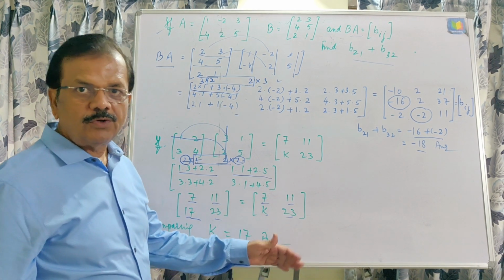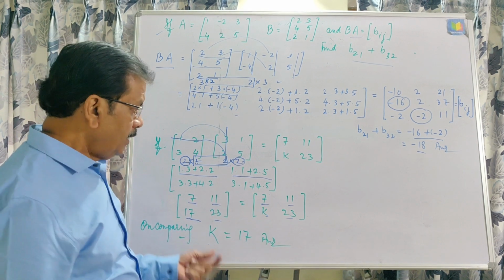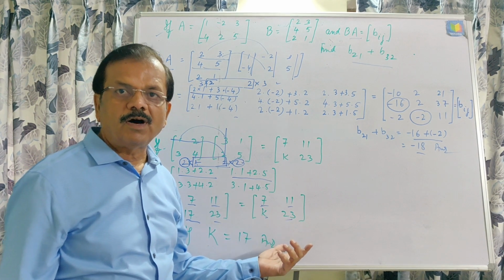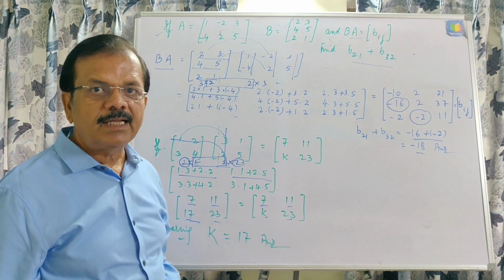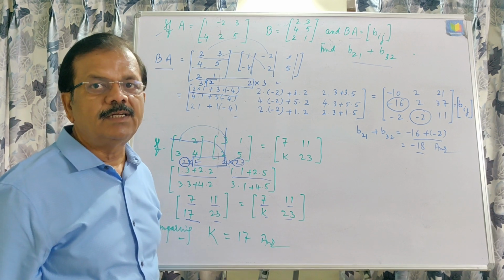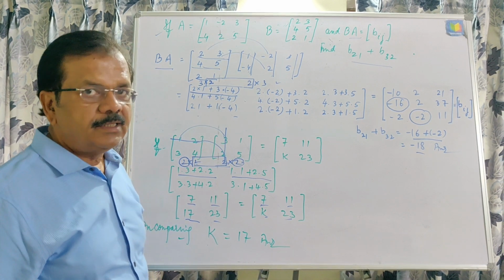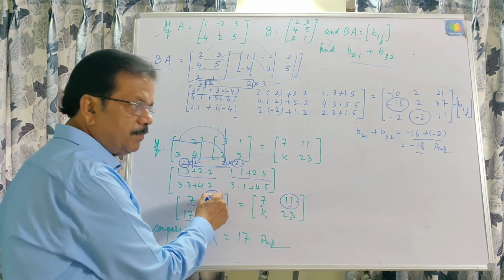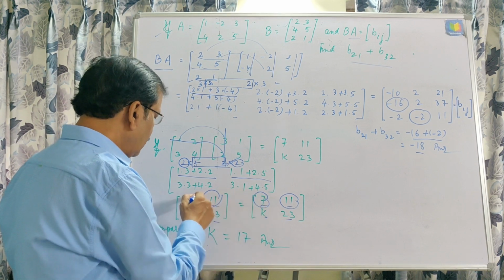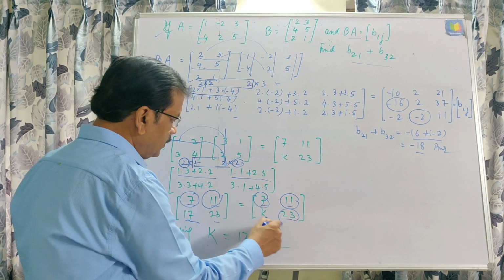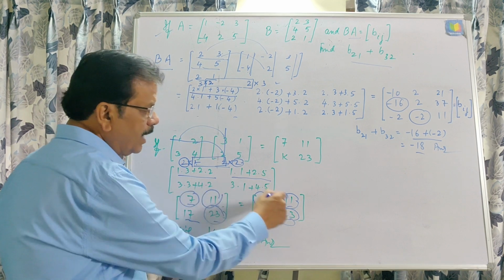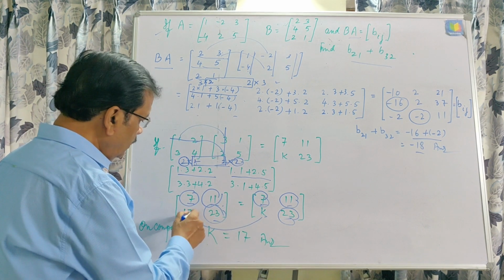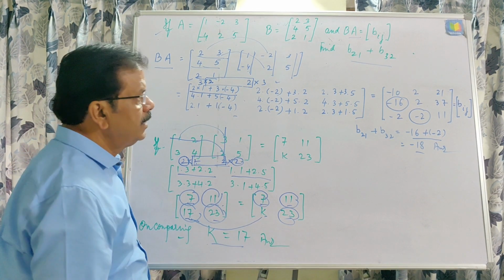I already told you in one of the previous questions that if you are going to compare two matrices, or equality of matrices, then their corresponding elements, if given in number form or as real numbers, should be the same. Here we are getting 11 after simplification, 7 we are getting 7, and 23 we are getting 23, which means our calculation is correct. Now for k, this will be 17, that is, the value of k is 17.